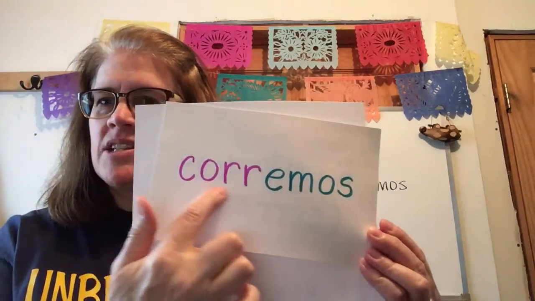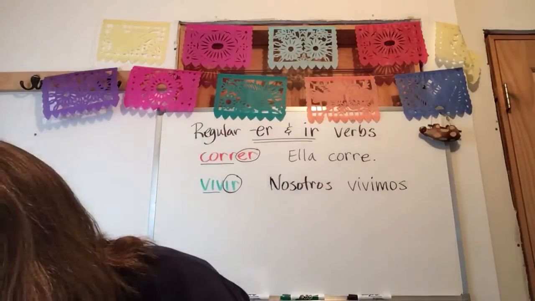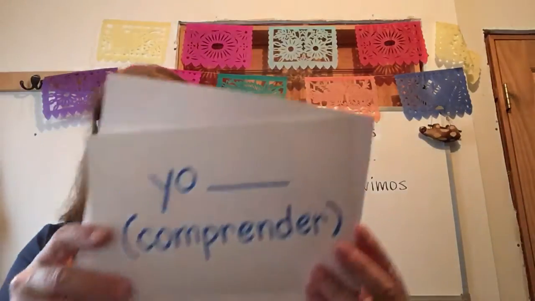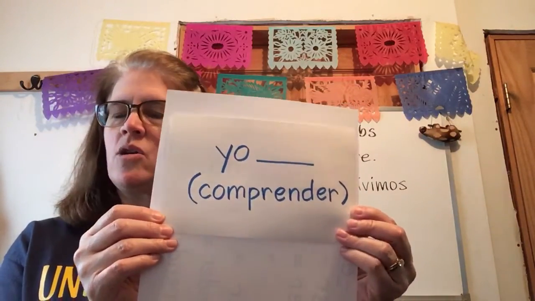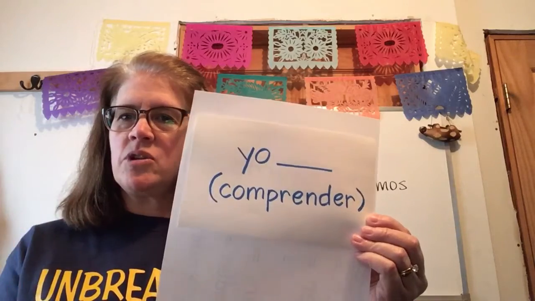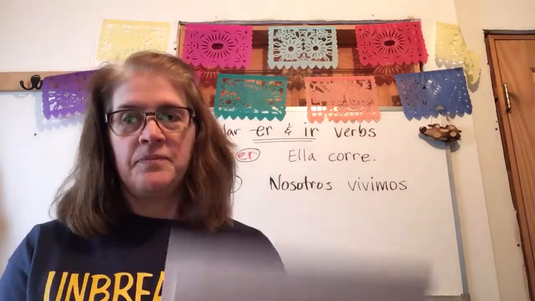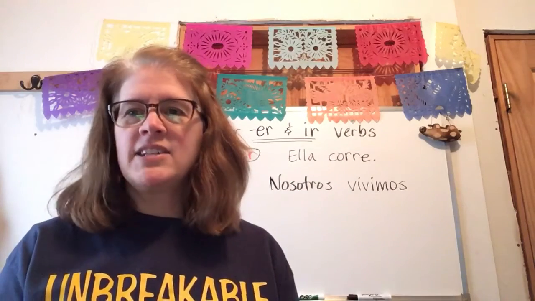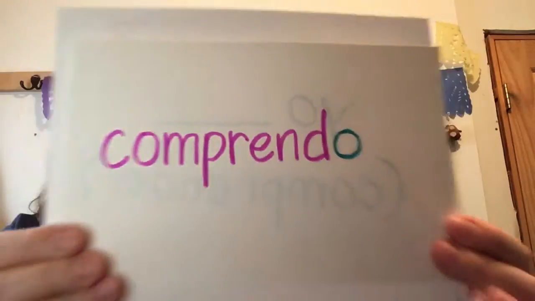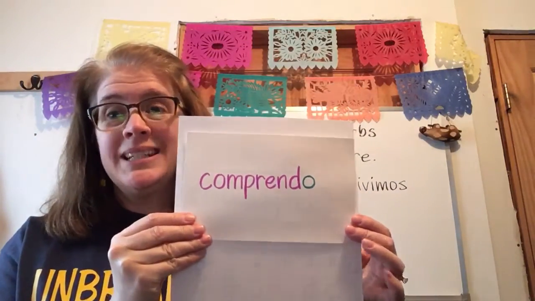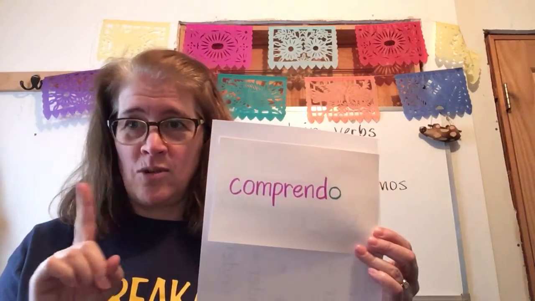Corremos. Stem, ending. All right. Excelente. Let's try this one, guys. Yo of comprender. Comprender means to understand, so you're writing I understand. Pause it and write it. Correct answer. Comprendo. What would this mean? No comprendo.